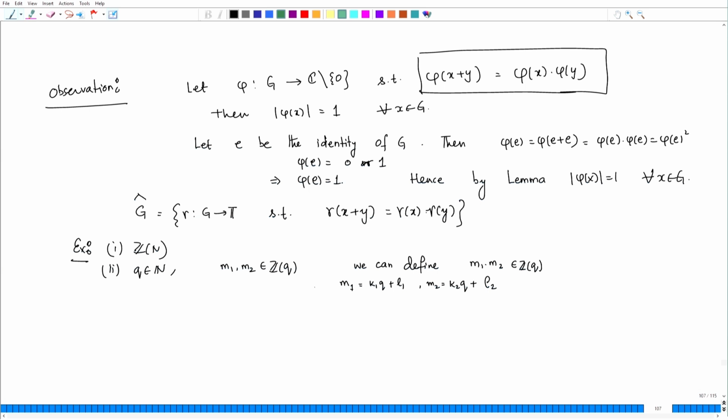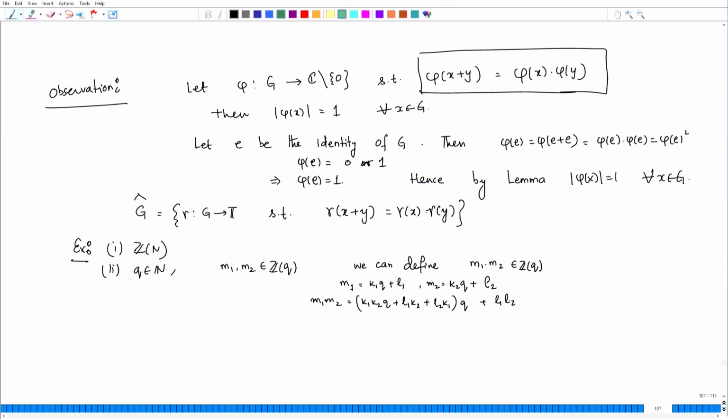Now, if you multiply M1 and M2, then what you are going to get is K1 K2 Q squared plus L1 K2 Q plus L2 K1 Q plus L1 into L2.